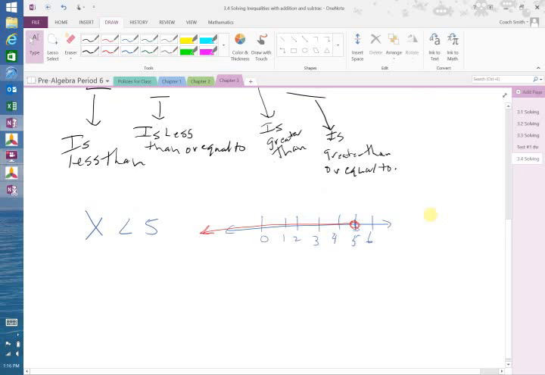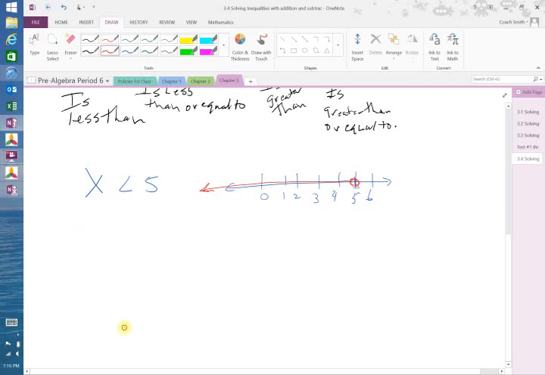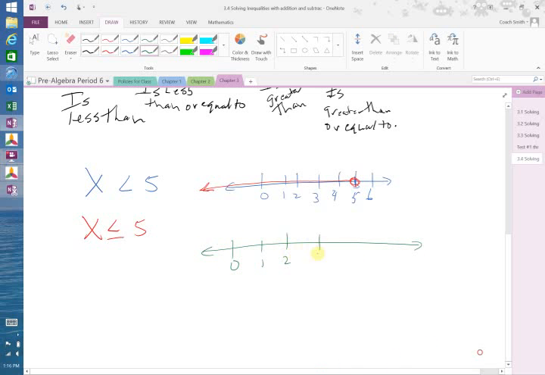Okay? Now, if I said x is less than or equal to 5, well, then I draw me a number line. 0, 1, 2, 3, 4, 5, 6. And I do this.